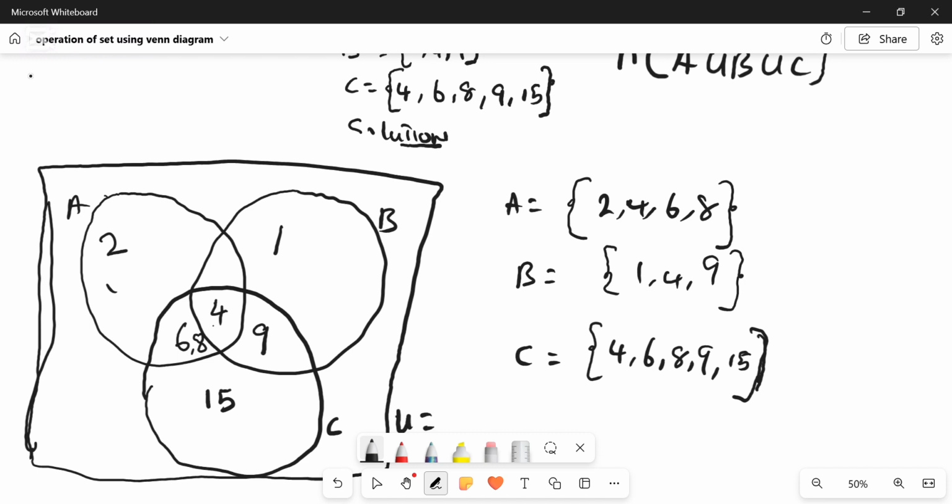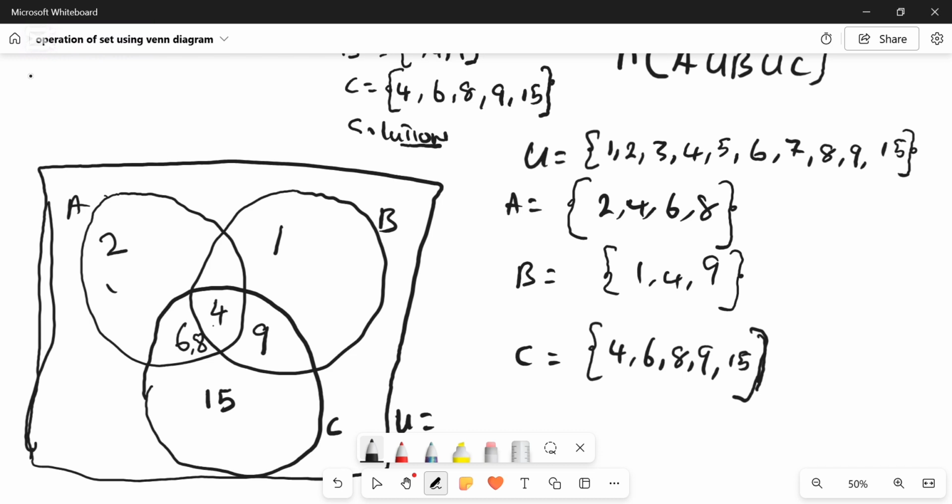This is your universal set. So let me write out all the elements of this universal set. The elements of this universal set are 1, 2, 3, 4, 5, 6, 7, 8, 9, and 15.